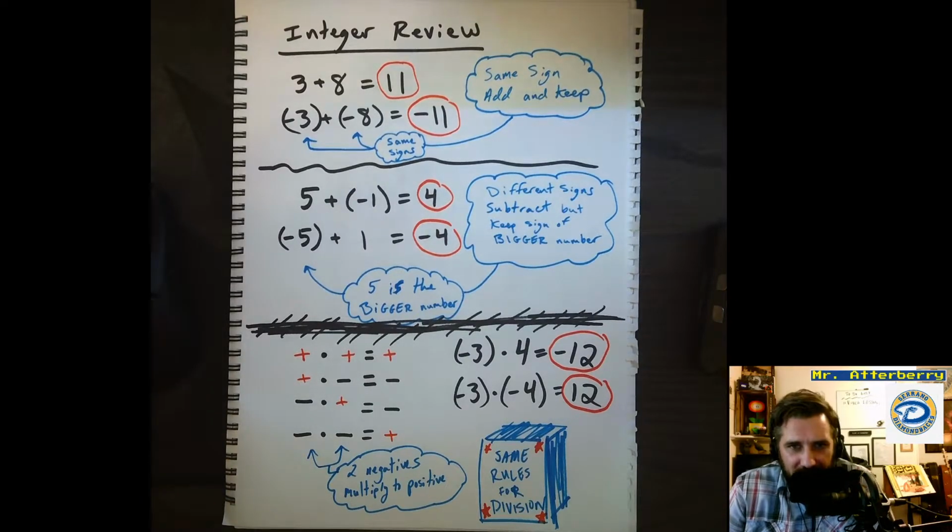It gets a little trickier, however, when you have different signs. With different signs, you subtract them, but you keep the sign of the bigger number. When I mean bigger number, I mean the number that's furthest from 0, right? Like 6 is bigger than 5, and if you think of a number line, 6 is more spaces away from 0 than 5 is.